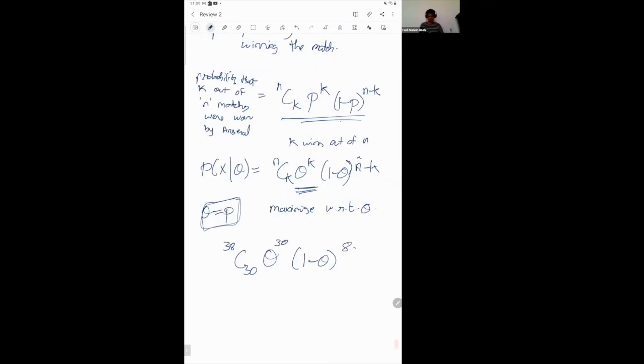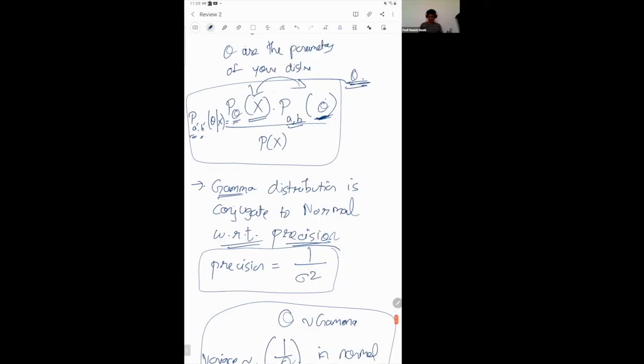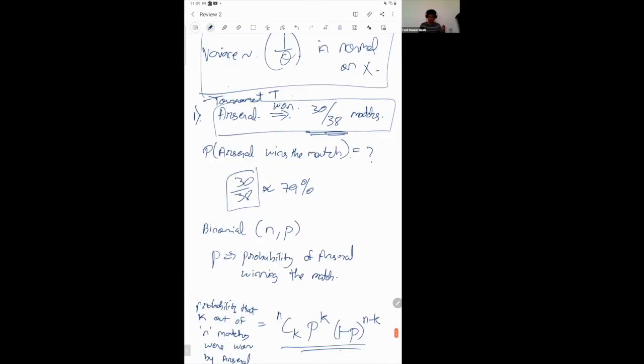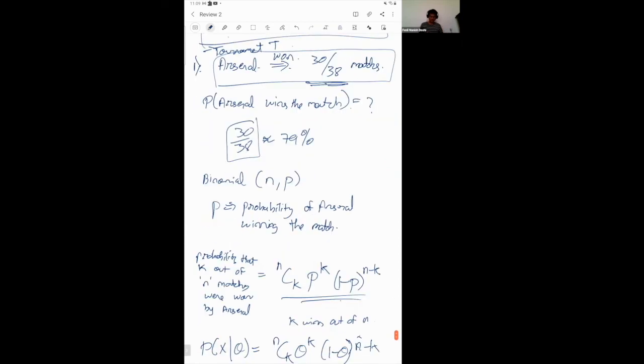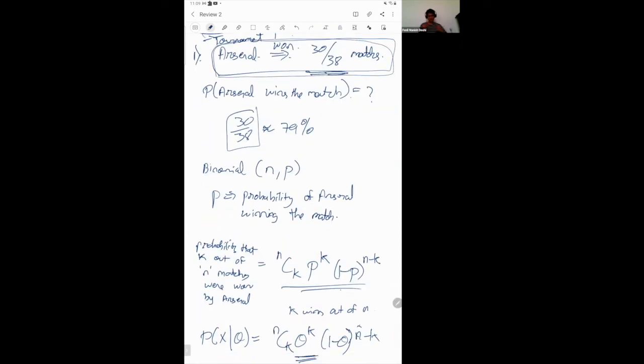So what we are simply saying is, now we have this distribution over theta, and this is the only data that we have. What's the likelihood of seeing this data? I am saying that the probability of Arsenal winning is theta, and we want the best theta that explains this.